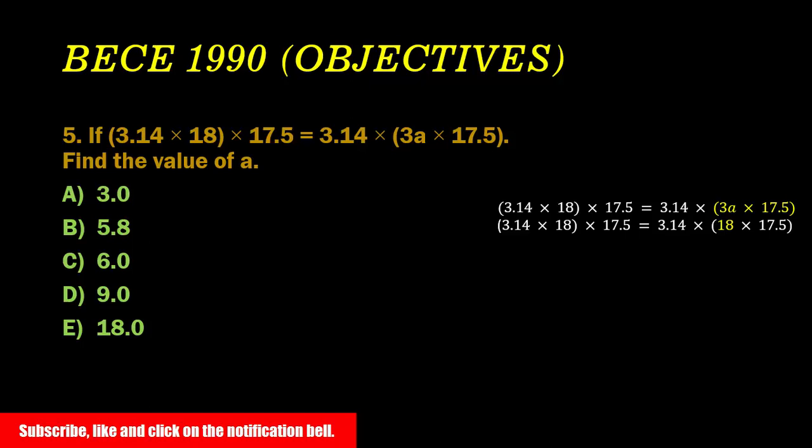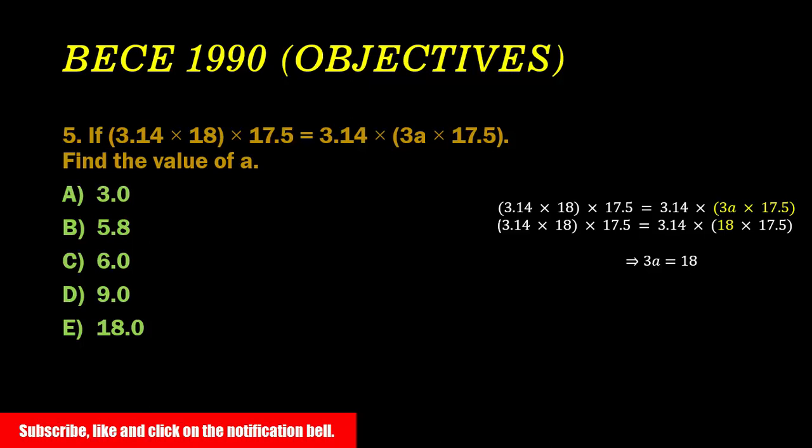Now, if you are comparing, you realize that 3a is simply equal to 18 as shown on the screen. Remember we are applying the associative property. So you realize that comparing it becomes very easy when you write it in that manner.